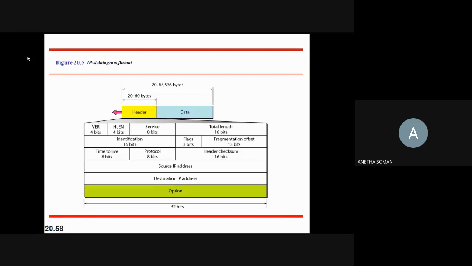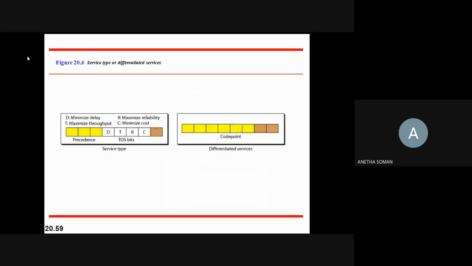As an example, you can have two types of services here. One is the service type and the other one is the differentiated services. What I have told so far comes under the type of service field. Here, how many bits can you see? You can see 8 bits in the service type field.